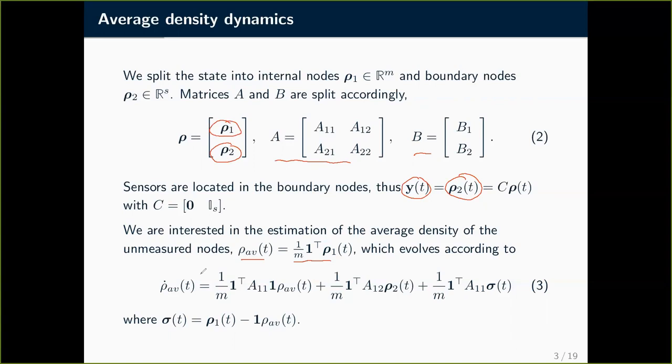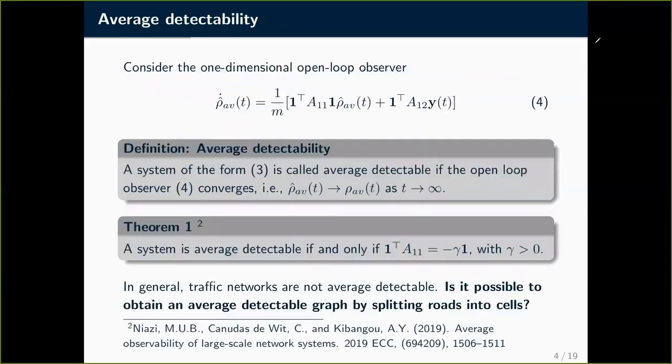By plugging this definition of the partitions into the dynamical system, we obtain this equation for the trajectories of the average density, in which the important part is this contribution of sigma, which is defined as the difference between the real values and the average values of the densities of the internal nodes, which for us is an unknown input signal.